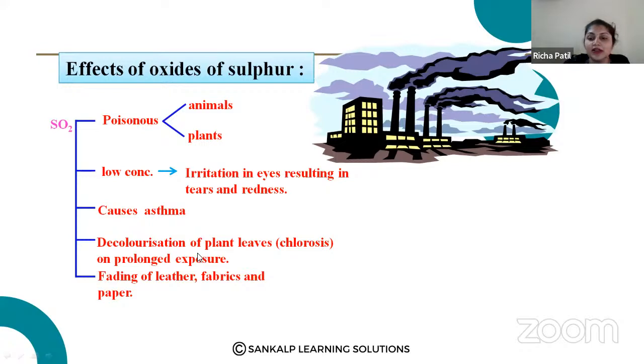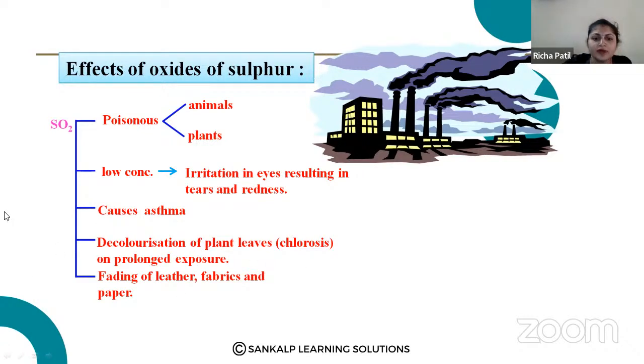The green leaves will undergo decolorization when prolonged exposed to sulfur dioxide. This process of decolorization of plant leaves is called chlorosis. Chlorosis is decolorization of plant leaves.